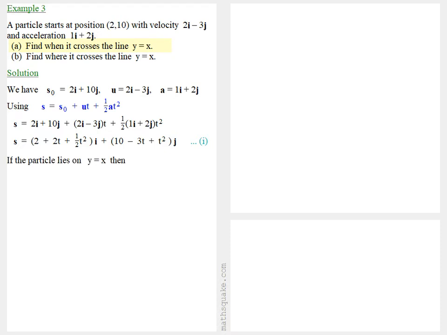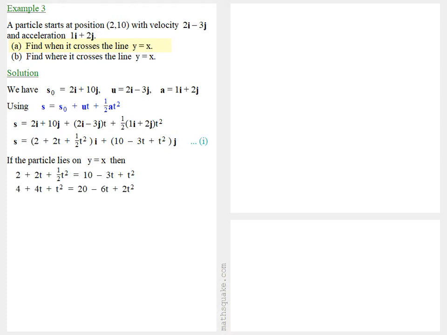Now, if the particle lies on the line y equals x, then the x-coordinate, that's the expression in front of i, is equal to the y-coordinate, which is the expression in front of j. So 2 plus 2t plus a half t squared equals 10 minus 3t plus t squared.